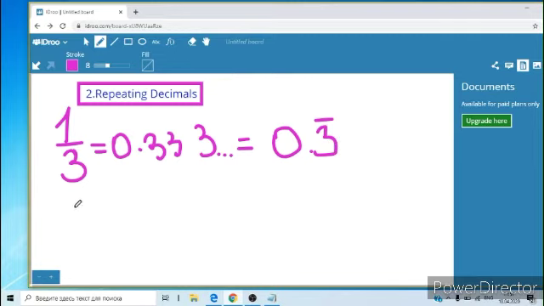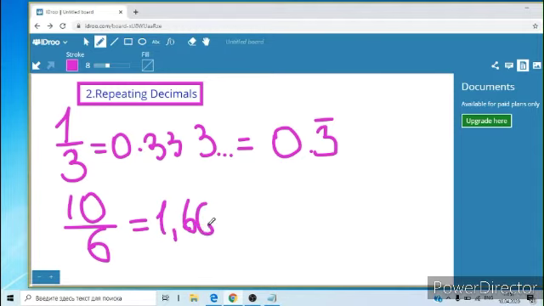So let us write another fraction, 10 over, for example, 6. It gives us 1.666. Also, this 6 repeats.